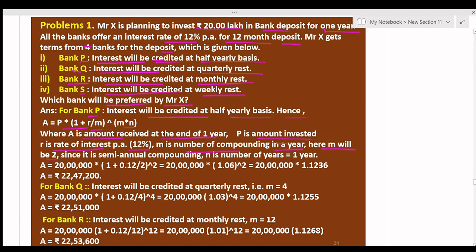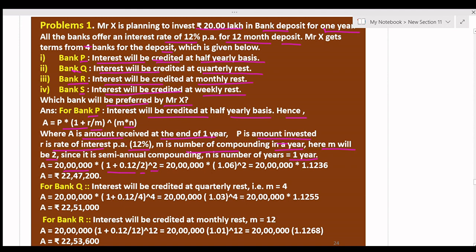Here it is 1 year. Now for bank P, A will be 20 lakh into 1 plus 0.12 divided by M, that is 2, to the power 2M into N. N here is 1, so 2 into 1. If it is 2 here, then 2 into 2, to the power 2 into 2.